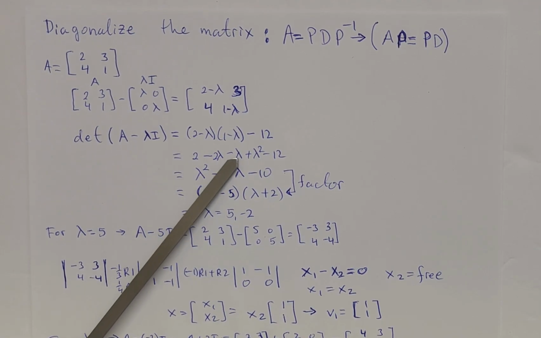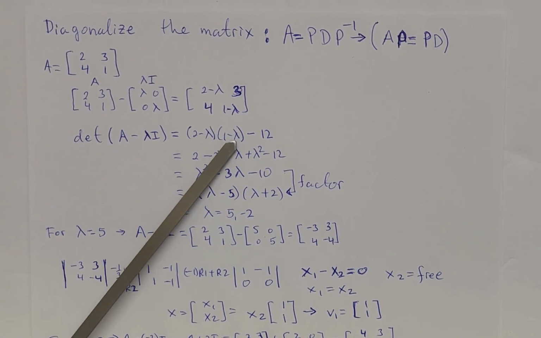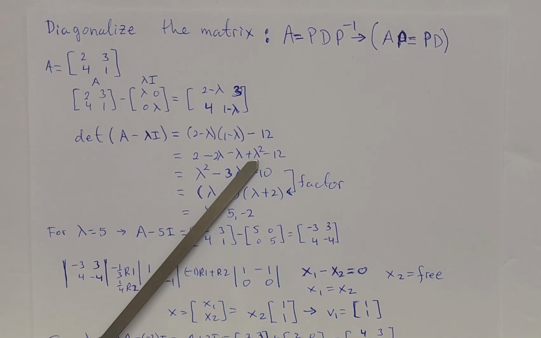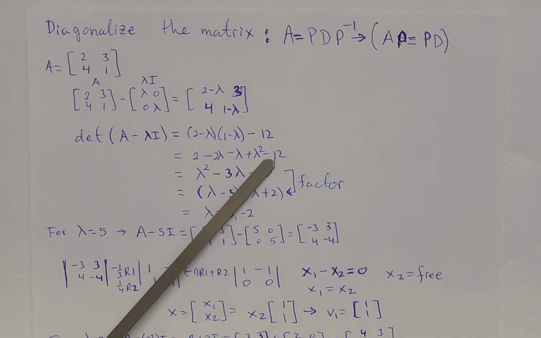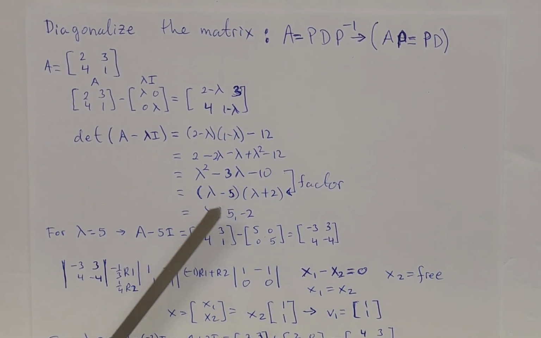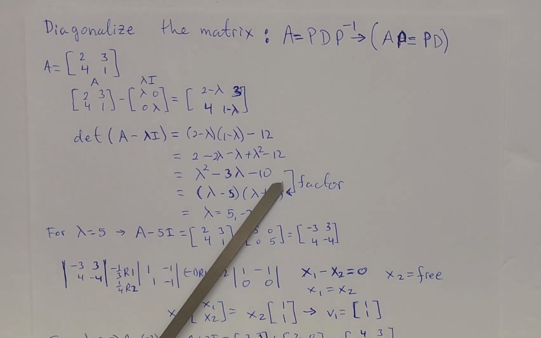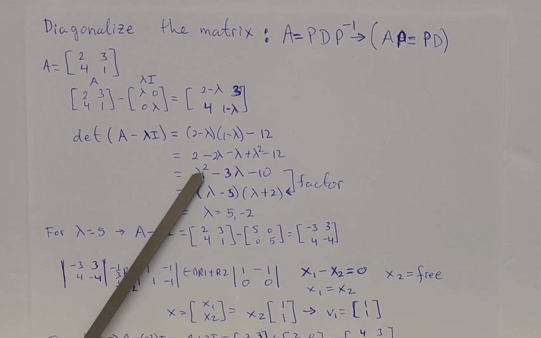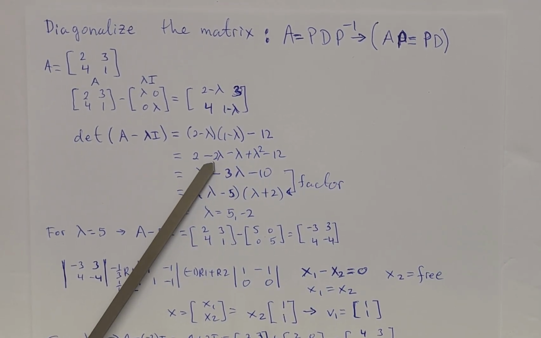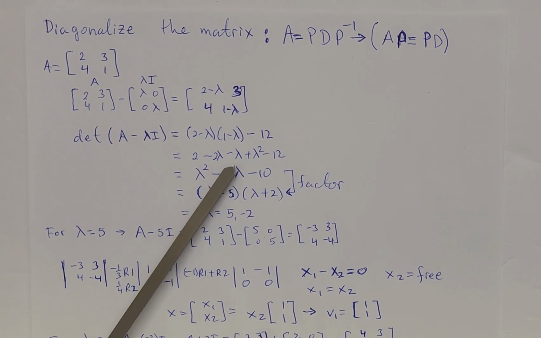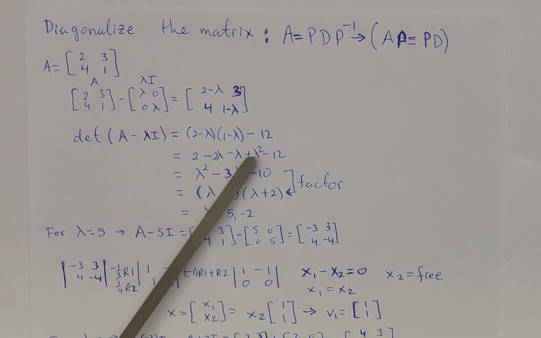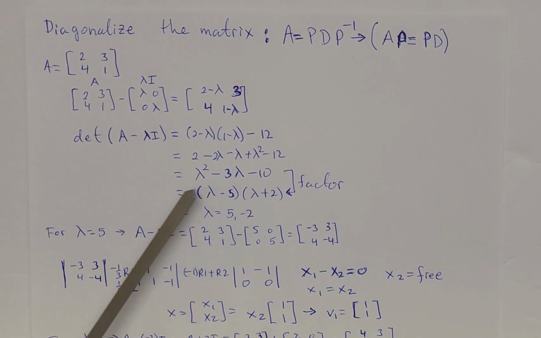Negative lambda times 1 is negative lambda. Negative and negative gives me positive lambda squared, minus 12. Rewrite it in highest order form. So I have lambda squared, negative 2 lambda, negative lambda, so that gives me negative 3 lambda. 2 subtract 12 gives me negative 10.